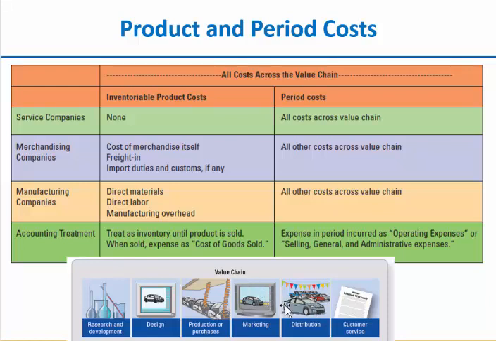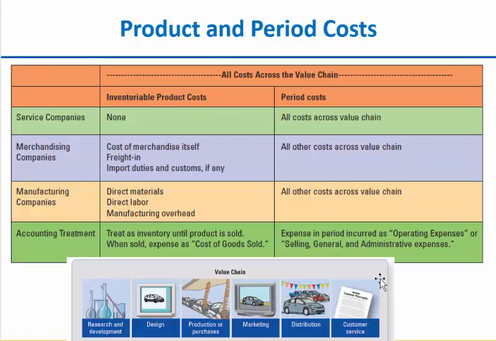So once again, operating expenses consist of the remaining five: R&D, design, marketing, distribution, and customer service expenses. These give you the operating expenses, also the period cost. I hope this slide explains very well how to distinguish product cost from period cost, and also gives you the comparison of service, merchandising, and manufacturing companies.